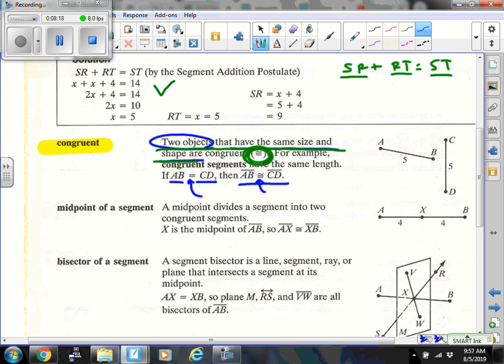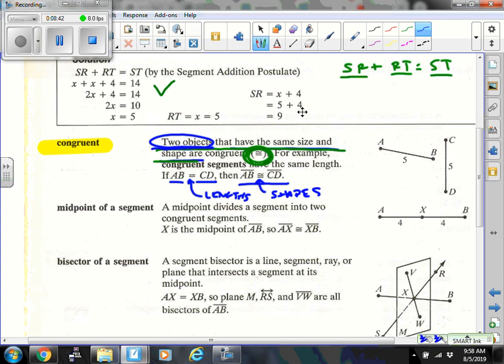See how it says two objects that have the same size and shape? So there's a difference between equal and congruent. Equal is for lengths, where congruent is for shapes. And that's no two ways about it.